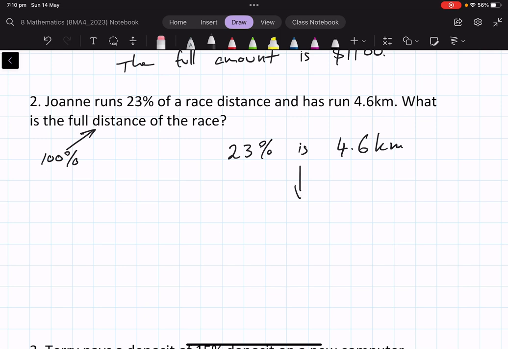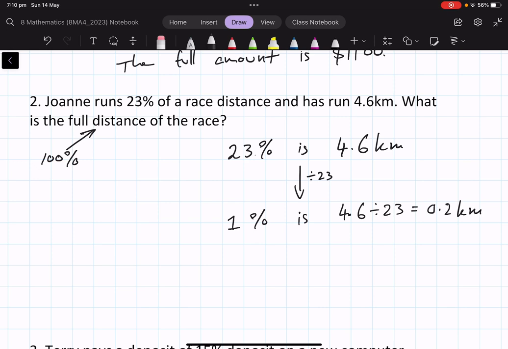We want to now know what 1% is. That's the unit. To go from 23% to 1%, we would divide by 23. So 4.6 divided by 23 gives me 0.2 kilometers.